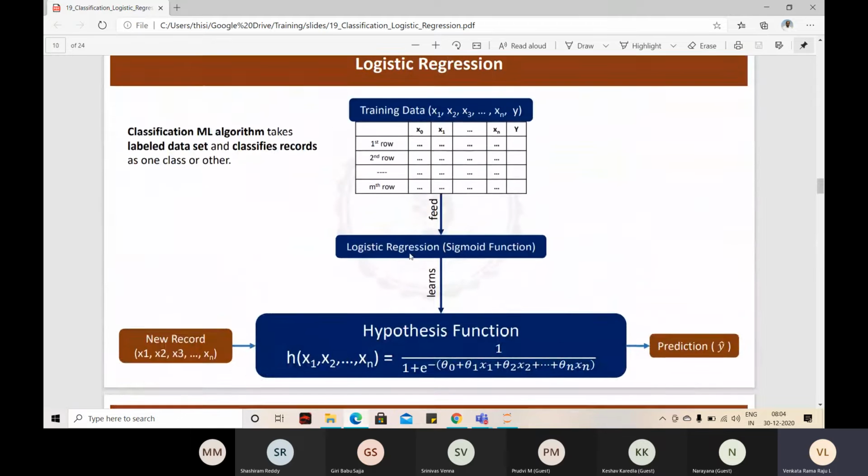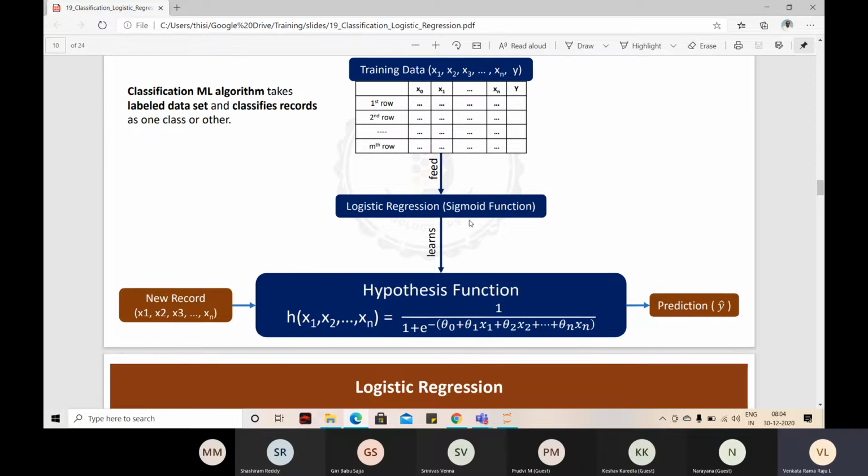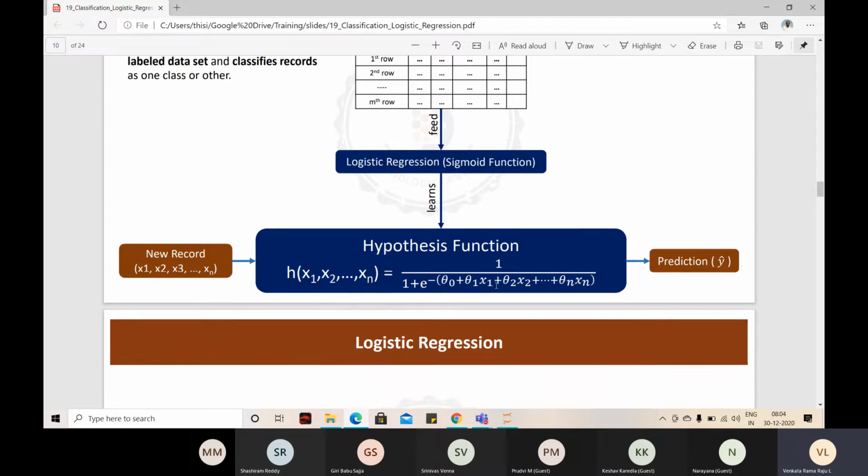Before we understand how to play with them, we need to understand the logistic regression algorithm. Like before, there are x1, x2, and so on up to xn, and y. Here in the classification problem, the y variable is going to be categorical. When you pass it to logistic regression, it uses a hypothesis function called a sigmoid function: 1 by 1 plus e power minus of theta 0 plus theta 1 x1 plus theta 2 x2 and so on.